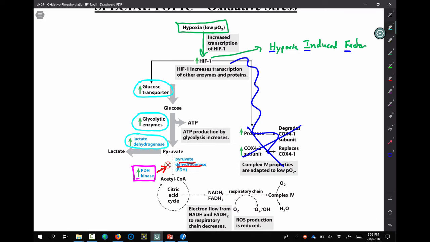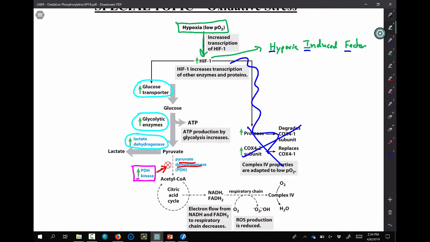Why is that fascinating? Well, many tumors are hypoxic. They have low oxygen supply because they're not really well vasculated. They don't have the capillary beds that integrate with the tissue, and therefore they get poor oxygen supply. Those tissues, tumors of course, cancer, will then have HIF increase genetic expression.